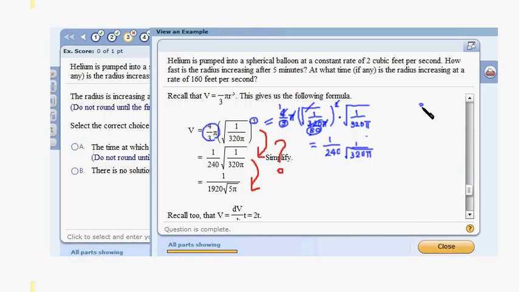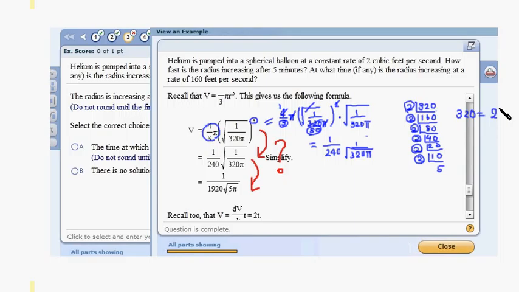But 320 has, let's see, 160, 80, 40, 20, 10, 5. So 320 is, how many twos? 1, 2, 3, 4, 5, 6 twos.